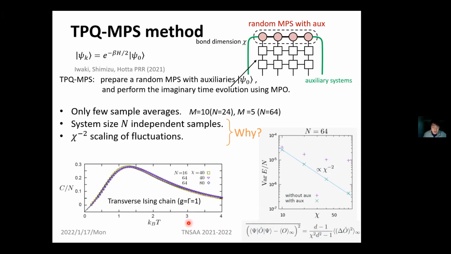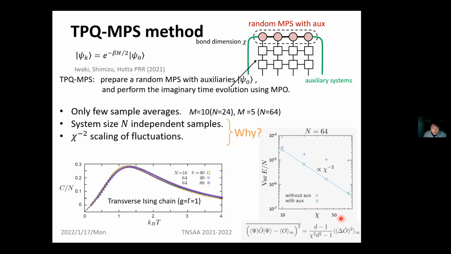We show here the specific heat of the transverse Ising chain for different system sizes and different bond dimensions. Unlike usual finite size methods, the size dependence of the result seems to be very small. We also calculated the variance of energy density as a function of bond dimension chi.